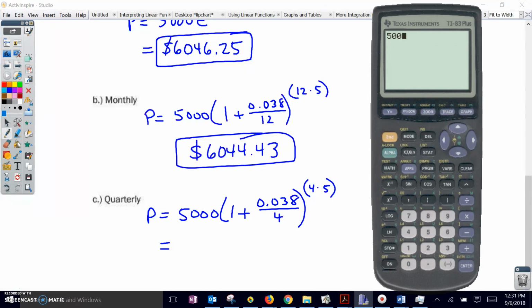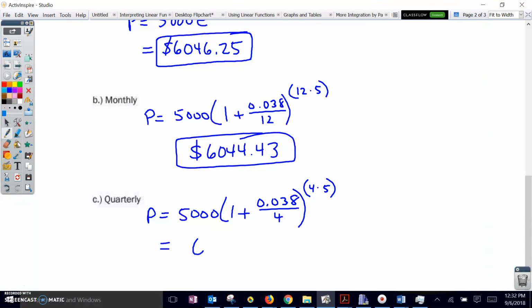Got 5,000 times quantity 1 plus 0.038 over 4 raised to the 4 times 5 power. And I'm going to have $6,040.83. Okay, so that's one of the applications that we could have based off of the law of exponential change.